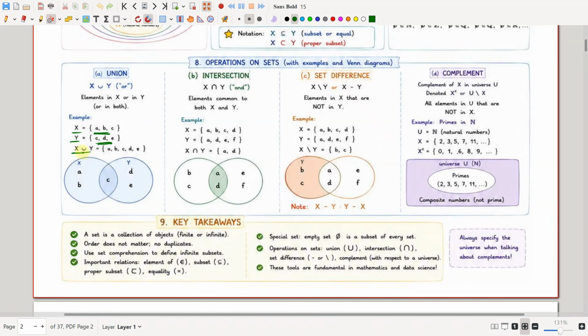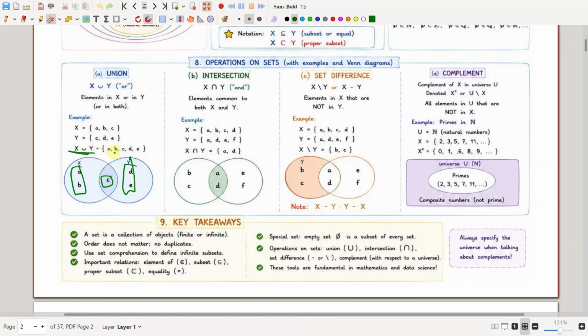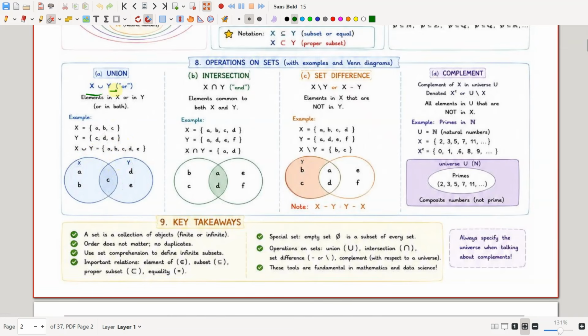So X union Y will be, using the Venn diagram, A, B, C, C, D, E, which will be {A, B, C, D, E}. So X union Y will be a collection of all the items in X and Y, or in both.